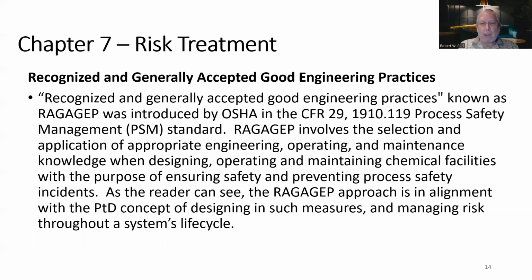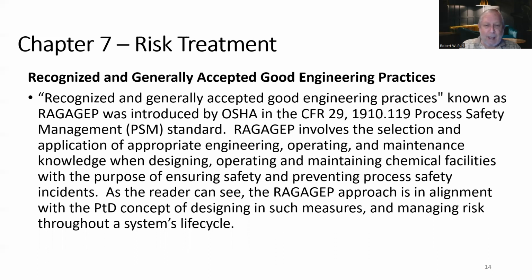It was introduced by OSHA in 29 CFR 1910.119, process safety management, which we're going to talk about later on, because process safety management is basically a huge risk management endeavor. It applies only to highly hazardous chemicals, which, if you think about it, that's really what we need to be protected from. RAGAGEP involves a selection and application of appropriate engineering, operating, and maintenance knowledge when designing, operating, and maintaining chemical facilities with the purpose of ensuring safety and preventing process safety incidents.